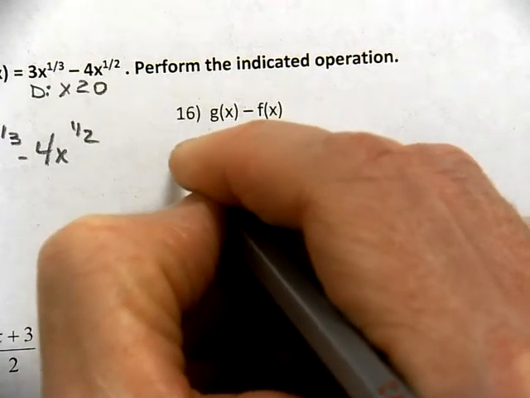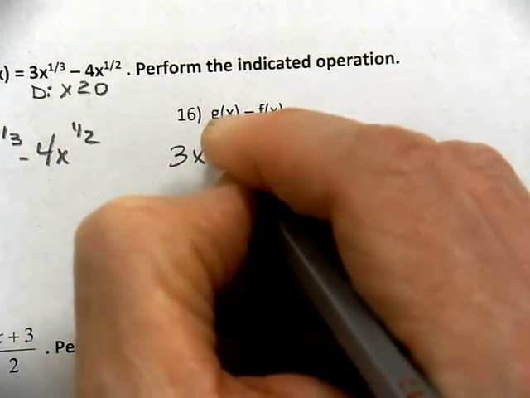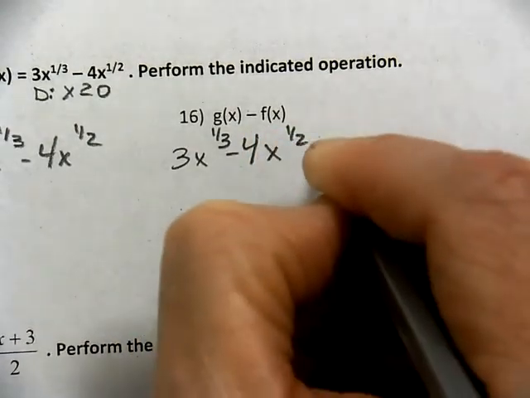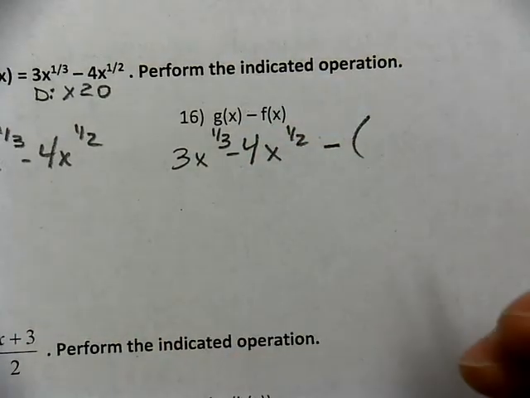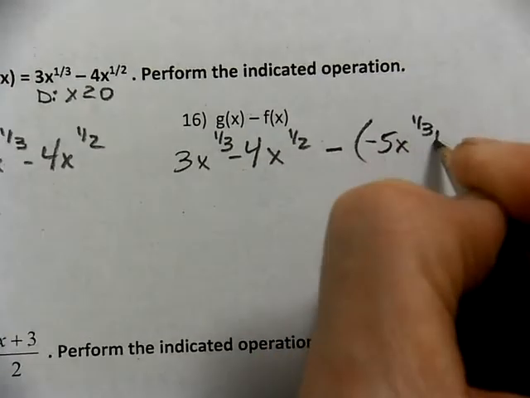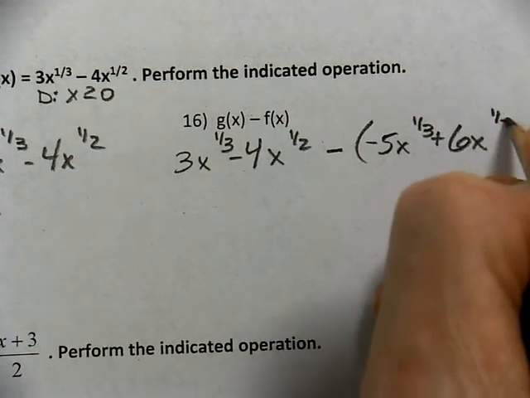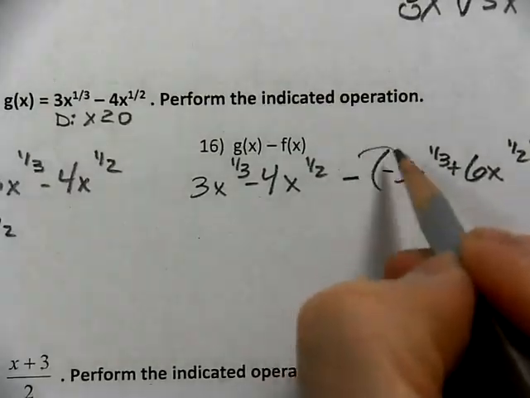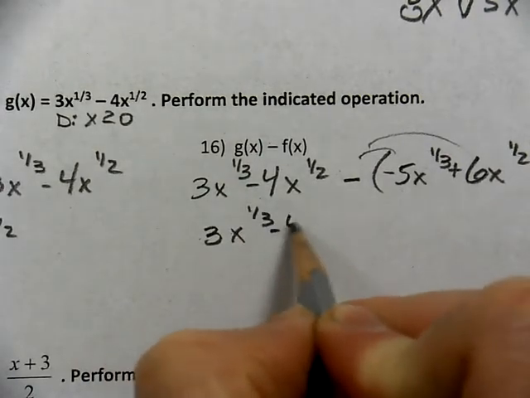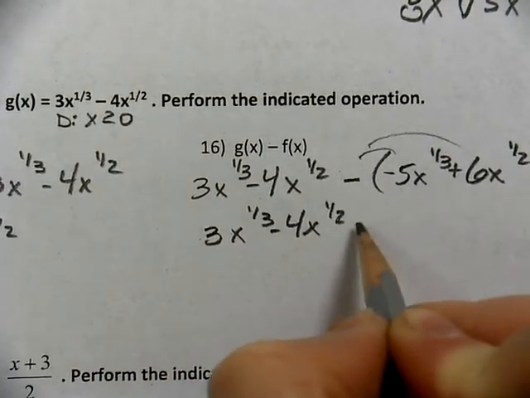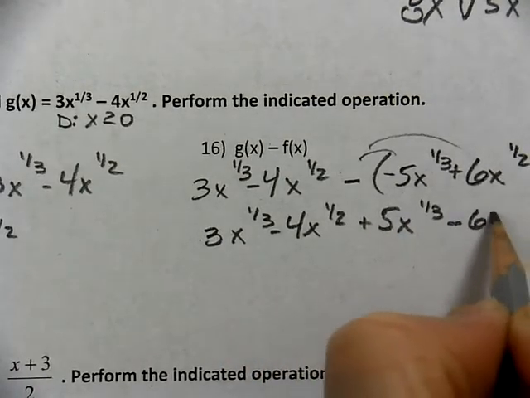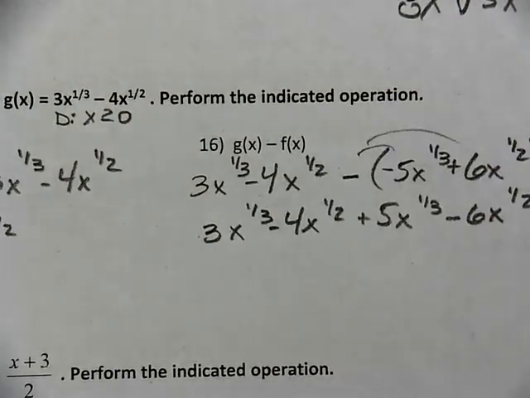So we're going to take our g function, which is 3x to the 1/3 minus 4x to the half, minus, got to use parentheses now because of the minus, -5x to the 1/3 plus 6x to the half. Distribute. And collect our like terms.